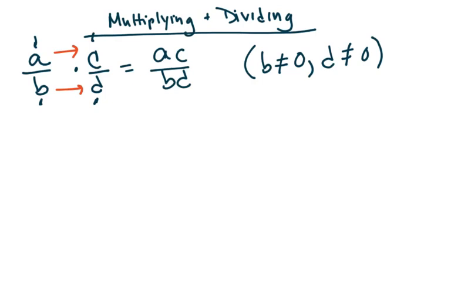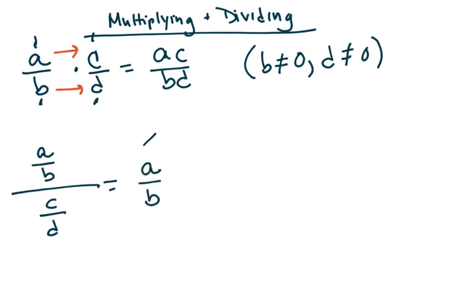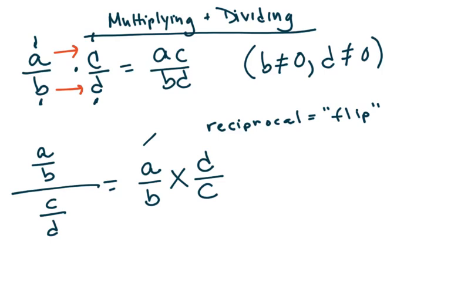Now this is multiplication. What if it was division? What if it's a over b divided by c over d? Well, you never want to work with division with fractions. Instead, you keep the numerator and then you multiply by the reciprocal. The word I used here was reciprocal, and reciprocal just means flip. So what we did is we flipped the denominator.